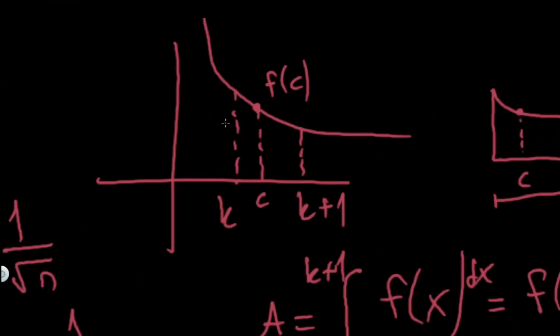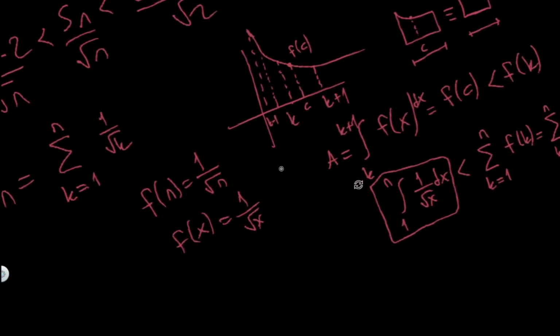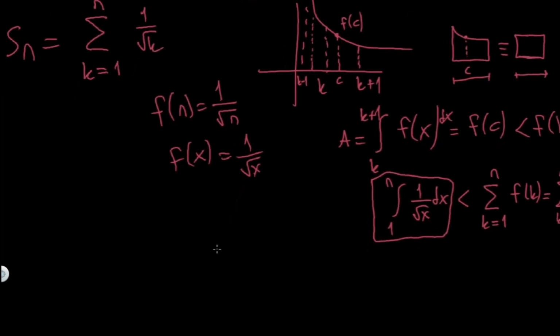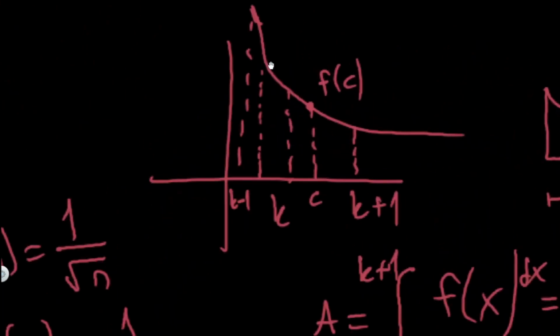So let's do a similar thing and find the upper bound. So if I go back here, I found that if I pick a c value, I found a lower bound. So if I pick a c value here, this means that if I integrate this thing from k minus 1 to k of fx dx, I'm going to be able to find another c between here.